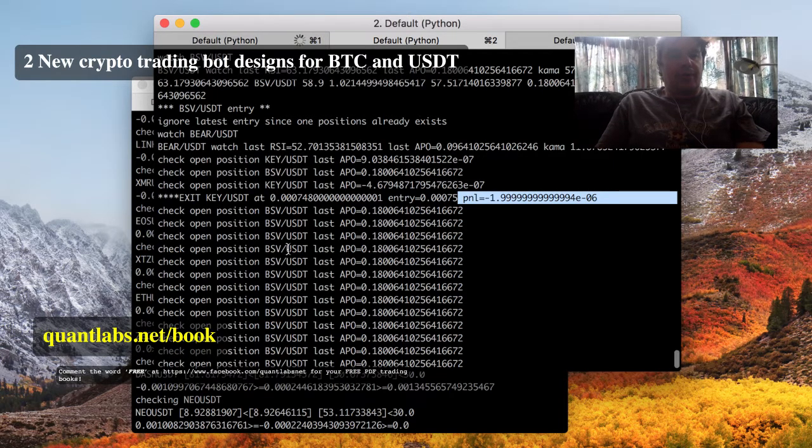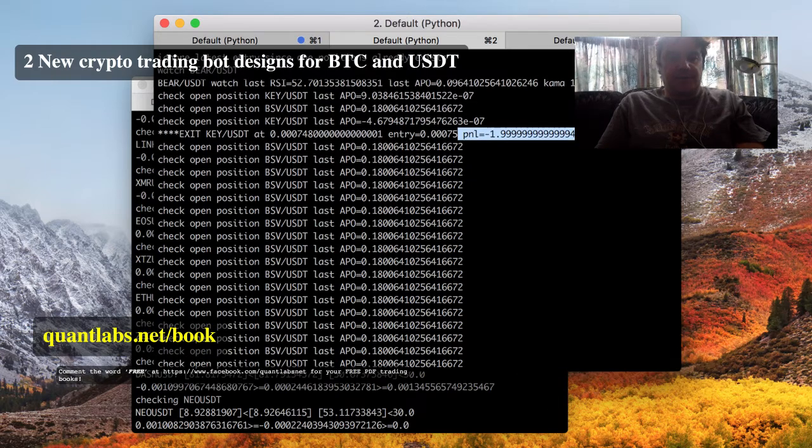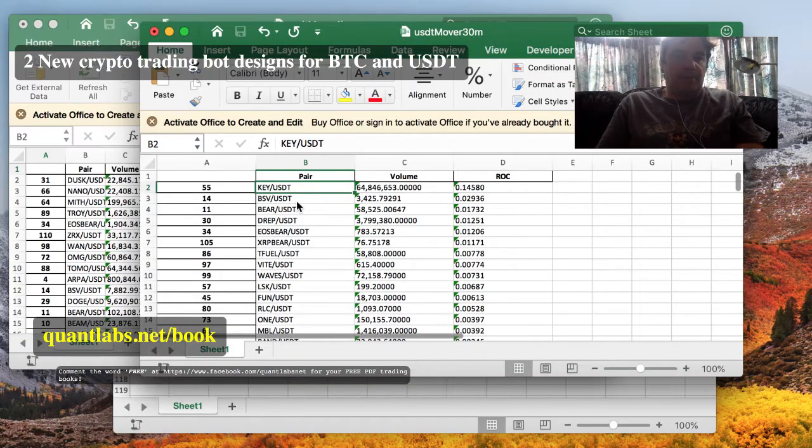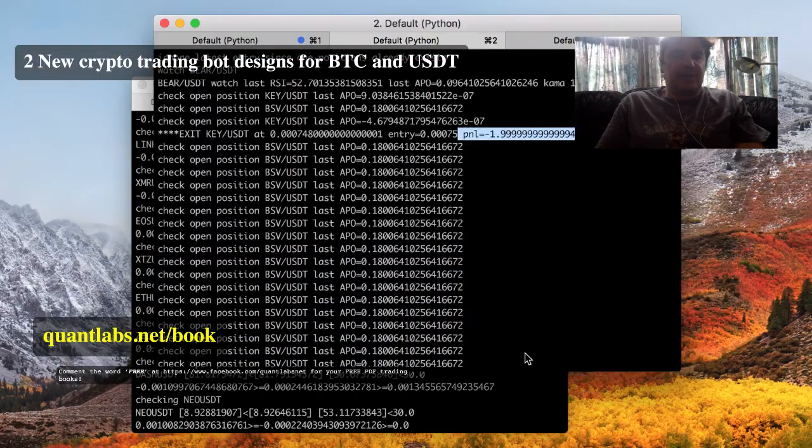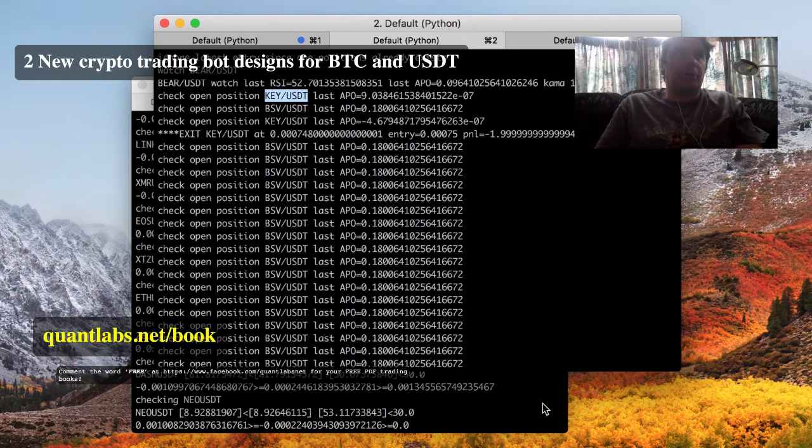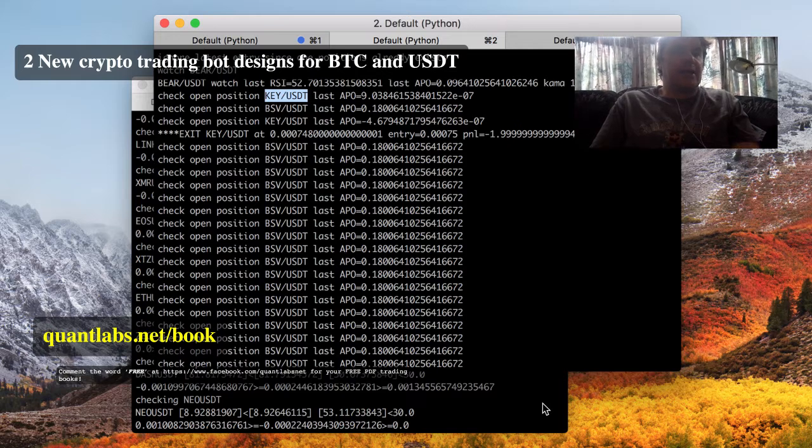Right now I generate, as I said, this list in USDT every half hour. So what I'm thinking to make sure that it is stable is maybe not just run that every half hour, but also run it every 5 minutes, because then I can compare, let's say, whether the Key USDT has been stable for at least half an hour.